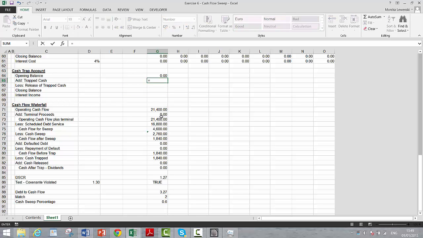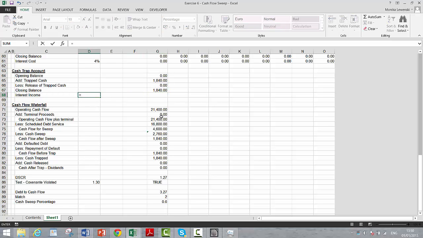The trapped cash comes from our cash flow statement, just like everything else. The released cash even just comes from our cash flow statement, just like everything else. Our closing balance is the opening balance plus the amount we trap minus the amount we release.